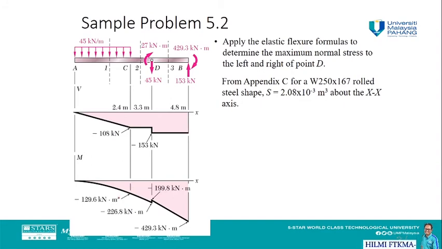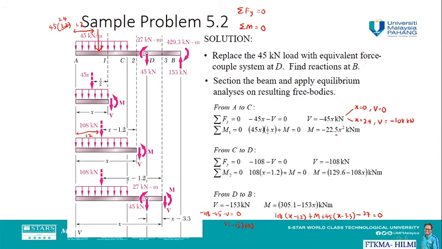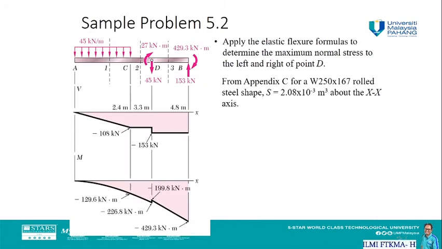For the bending moment, the first equation is quadratic, and then the second part is linear, and then the third part is linear again. So the first part is quadratic from 0 to 2.4, and from 2.4 to 3.3 meter we have a linear equation.